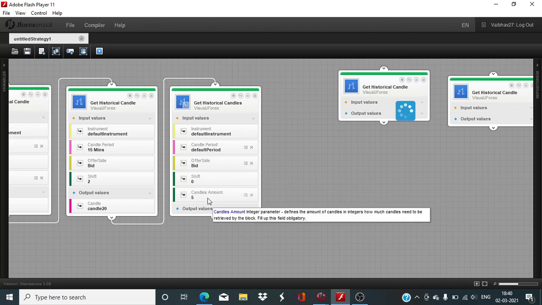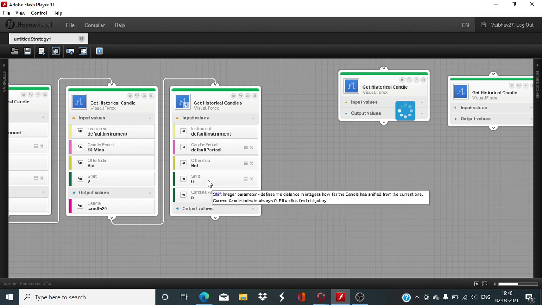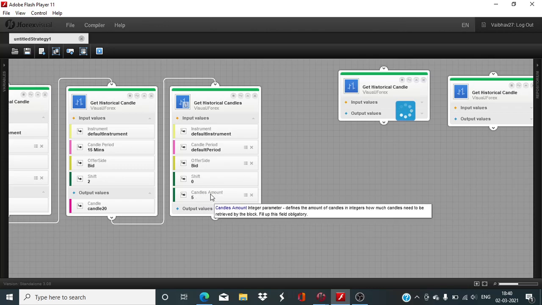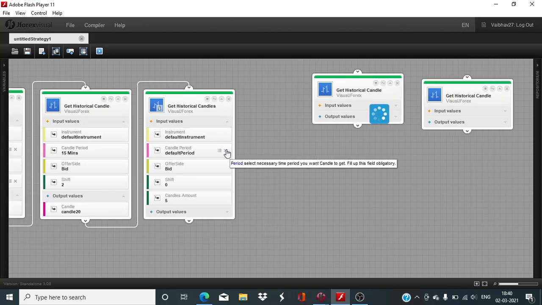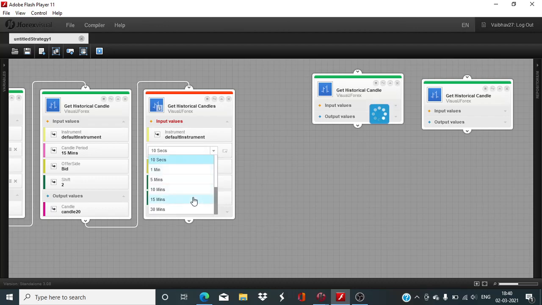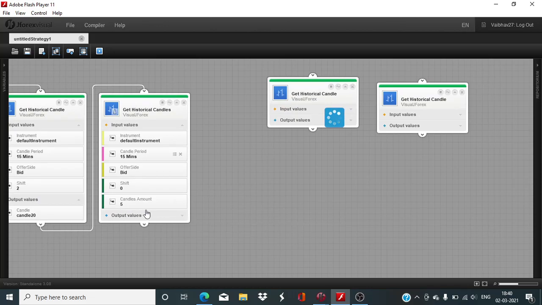If we were to use 4 candles, then the shift value should have been 1 to make sure that last 4 candles are being taken into consideration. Now that we are using 5 candles, we can include the current candle and then 4 candles before that. So that's also fine. The default period will need to be changed to 15 minutes. Shift value will be 0.